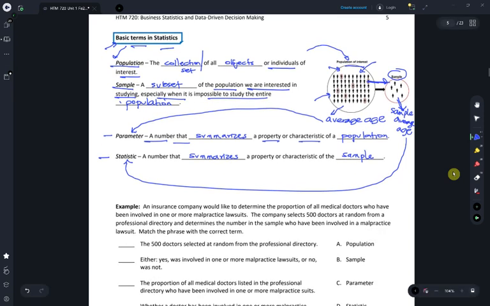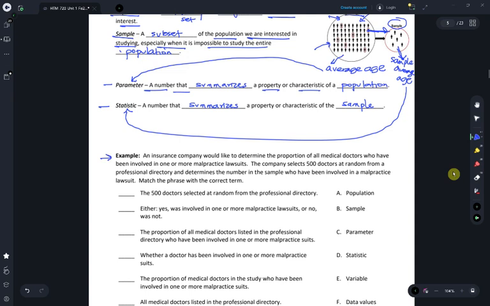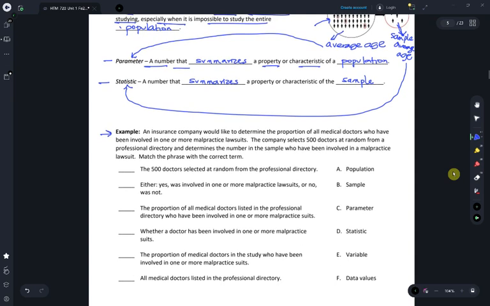All right, let's bring together what we have come to understand with this example. Here is an insurance company which would like to determine the proportion of all medical doctors who have been involved in one or more malpractice lawsuits. The company selects 500 doctors at random from a professional directory and determines the number in the sample who have been involved in a malpractice lawsuit.